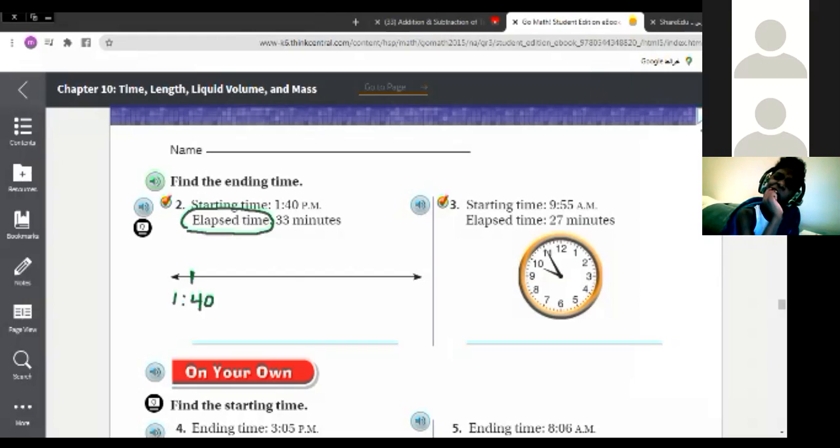So if you add 20 minutes here to 40 minutes, you will get 2 p.m. So let me add here 20 minutes from the 33 minutes. Here, 20 minutes, we added it.